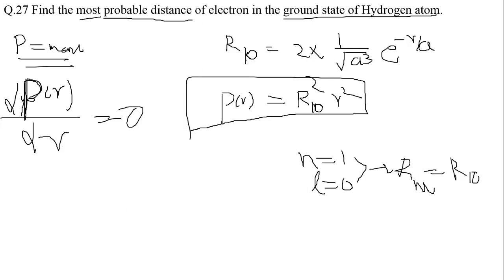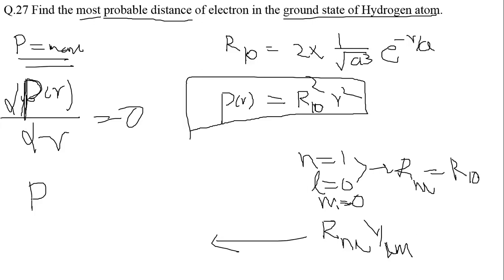And we know the wave function has another part, the spherical harmonics Y_LM. For L equal to 0, M is also 0, only one value. So for the hydrogen ground state, the values will be R10 and Y00.